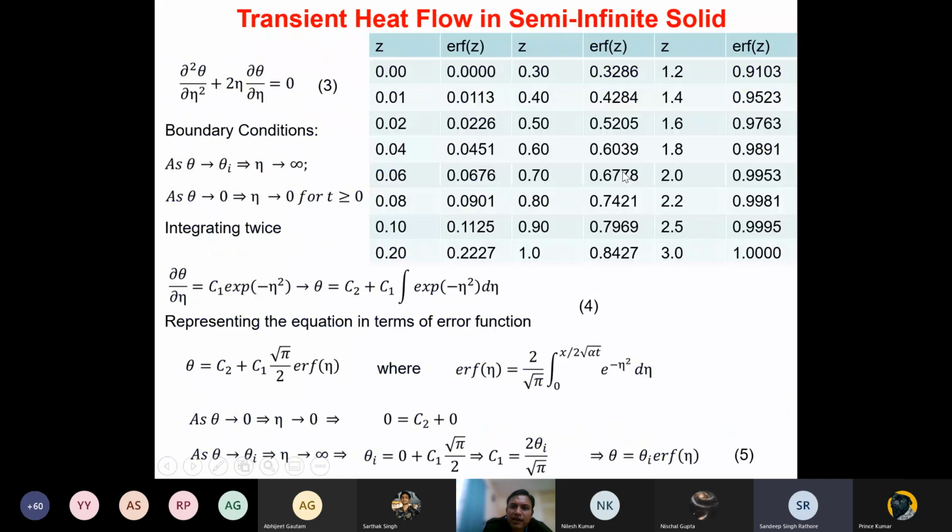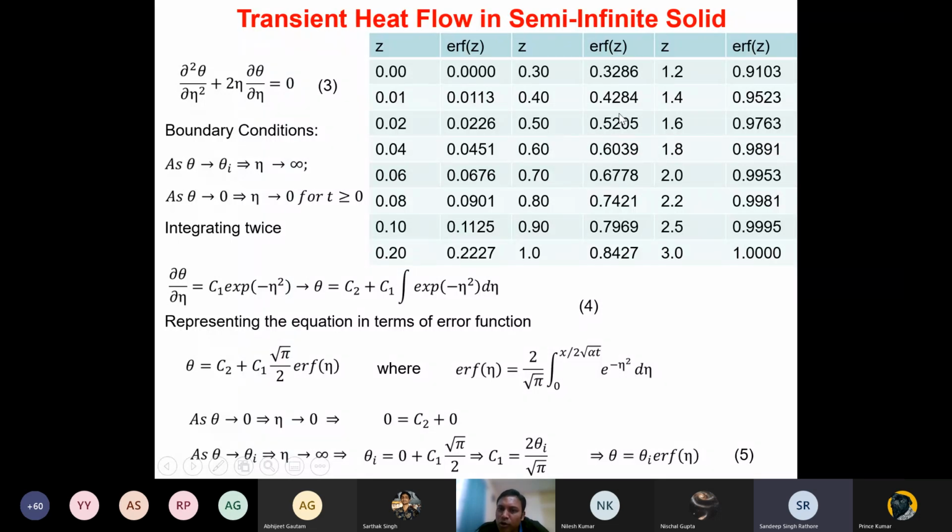Now you can go back here, 0.577 is somewhere in between here. Do you all agree? Yes, sir. So between 0.5 and 0.6 you will have 0.577, isn't it?